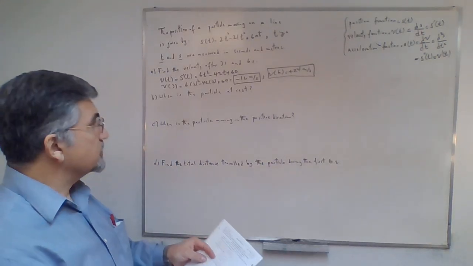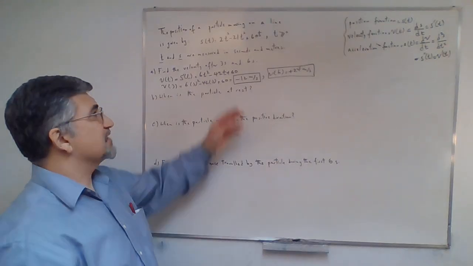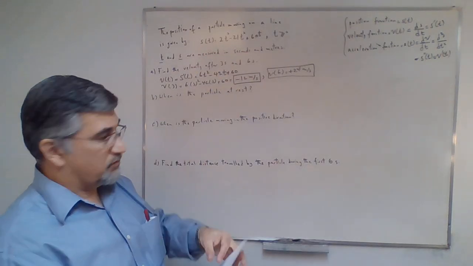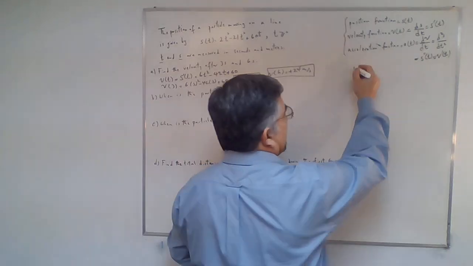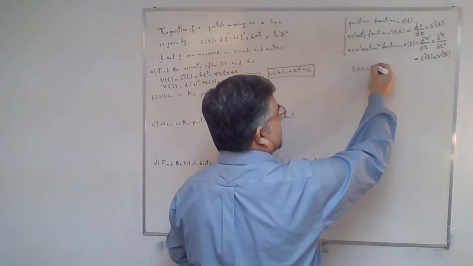One thing for sure I know is that at t equals 0, s was 0, because s at 0 equals 0.